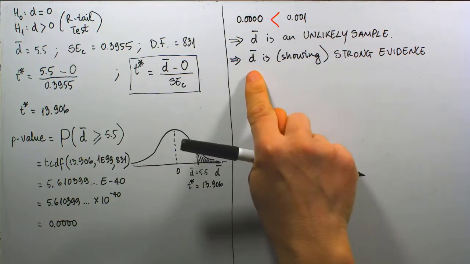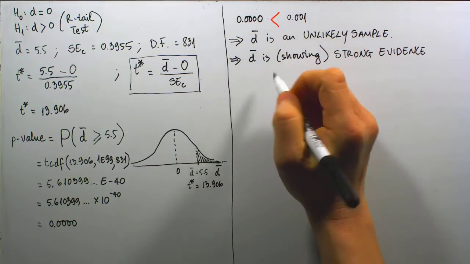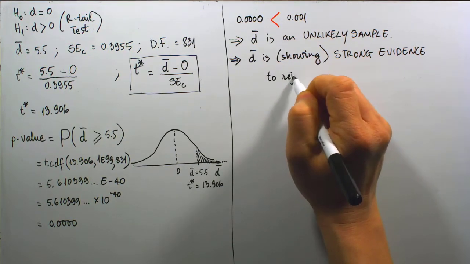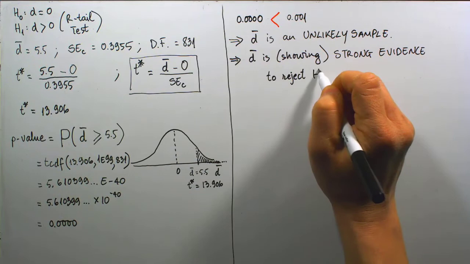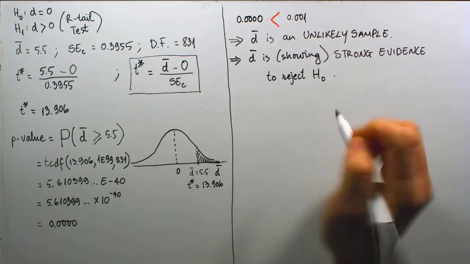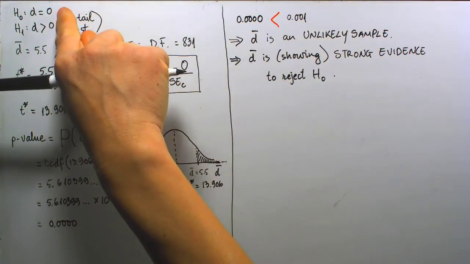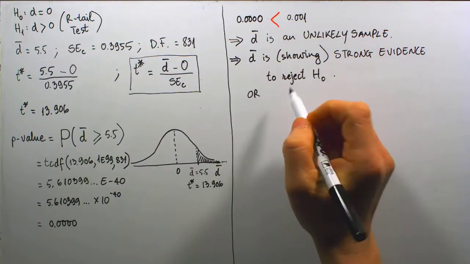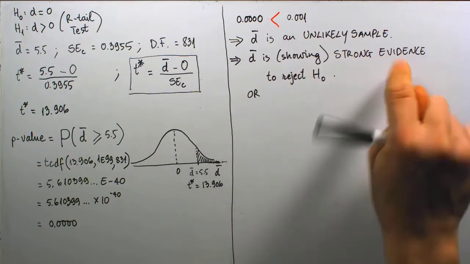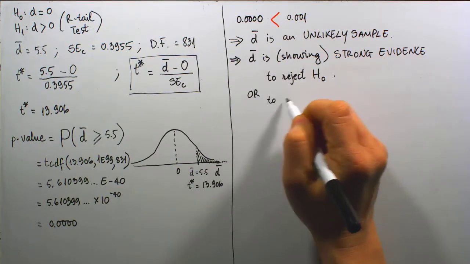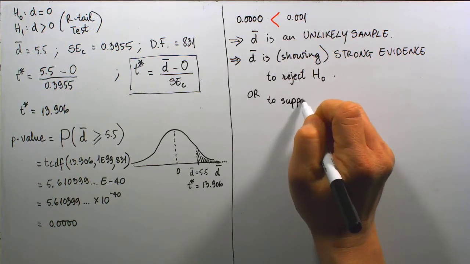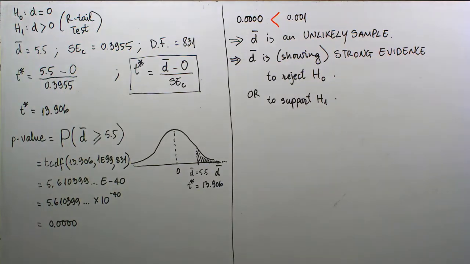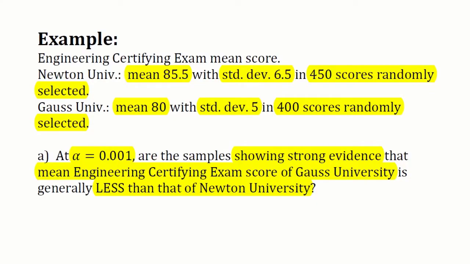And having d bar as strong evidence here is good for us to say that we can reject H0, the statement that was claimed in the null hypothesis here. Or another way, logically speaking, we have d bar as strong evidence to support H1.